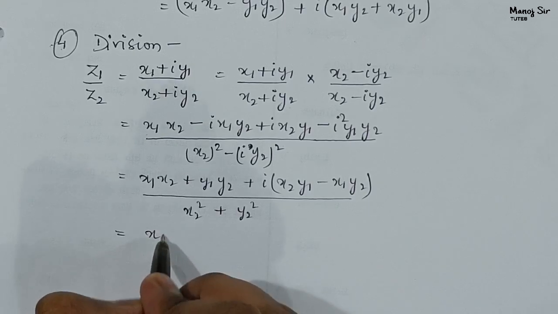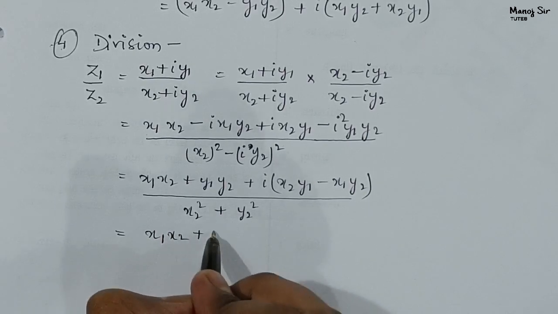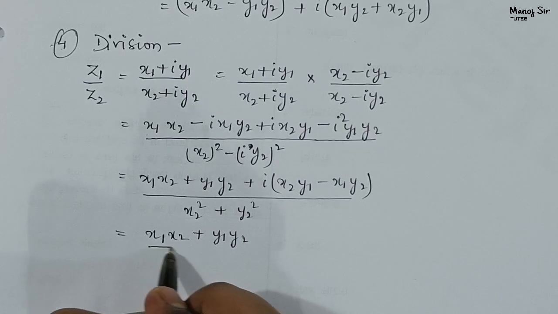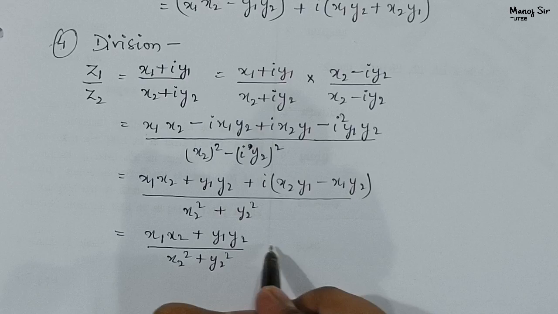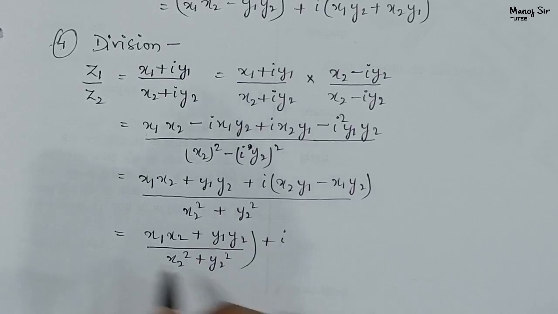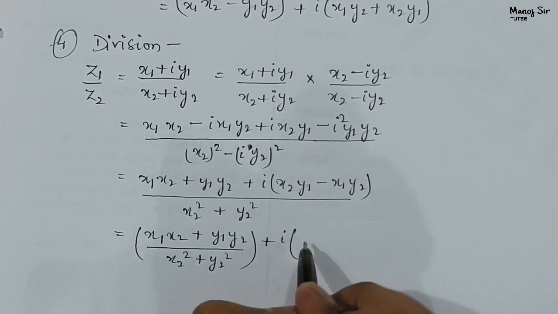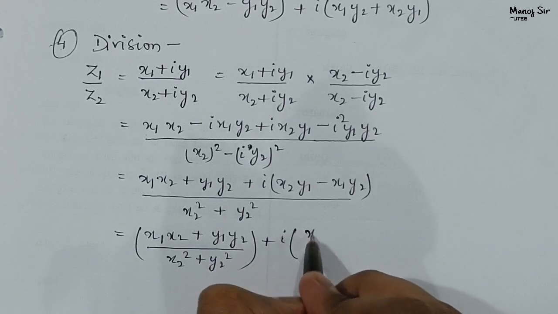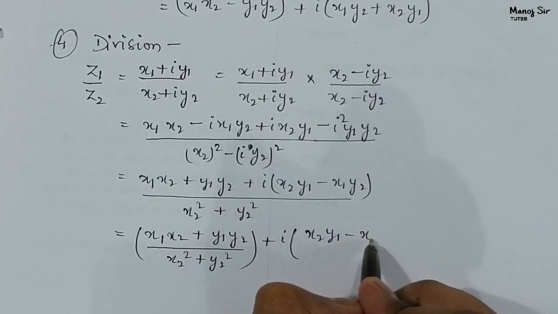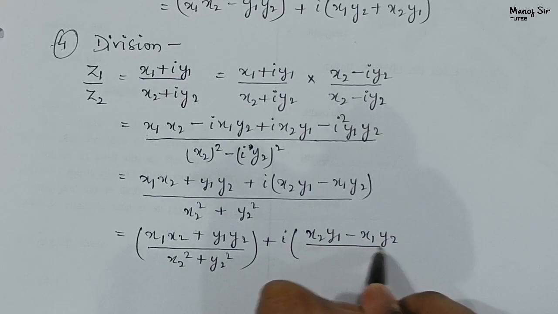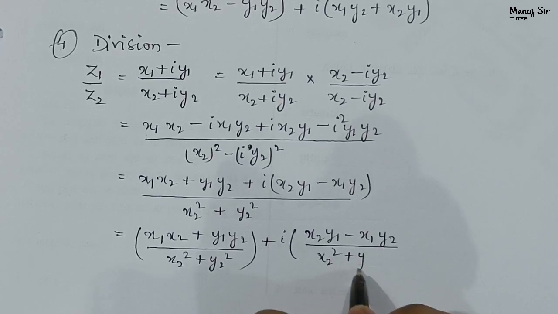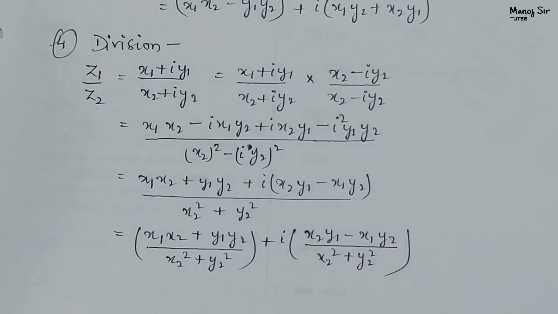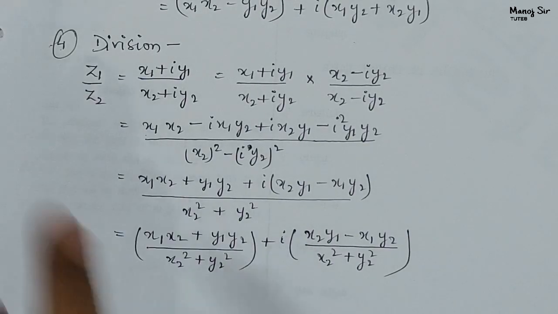So here we can write this as x1 x2 plus y1 y2 whole upon x2 square plus y2 square, plus I times, we can put this in brackets, x2 y1 minus x1 y2 upon x2 square plus y2 square. Now we can say this is the formula for division of two complex numbers, that is z1 upon z2.